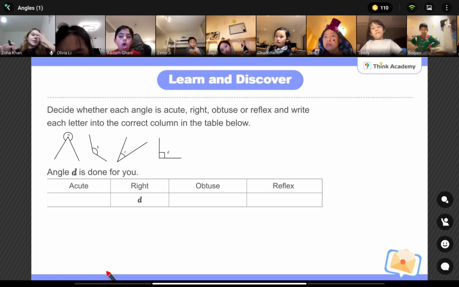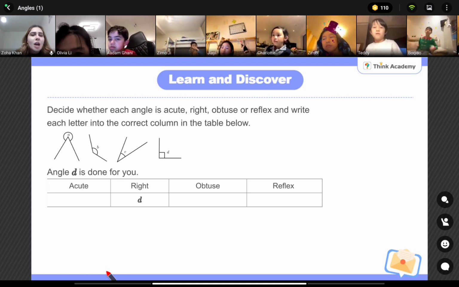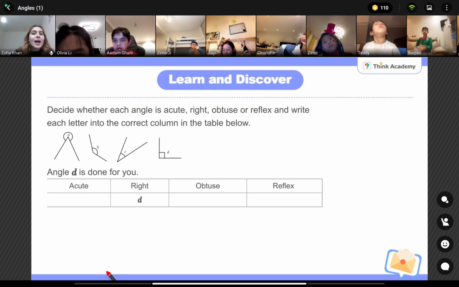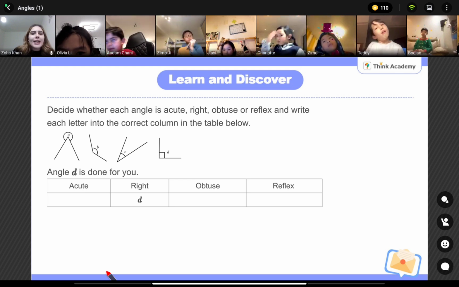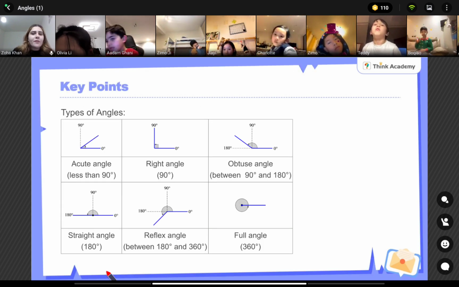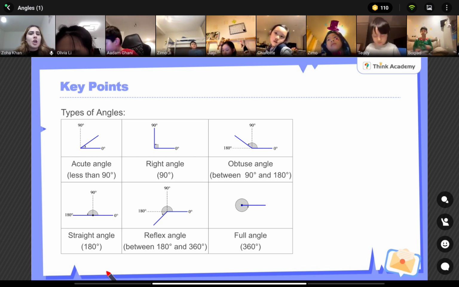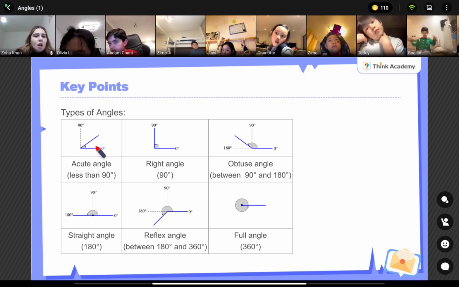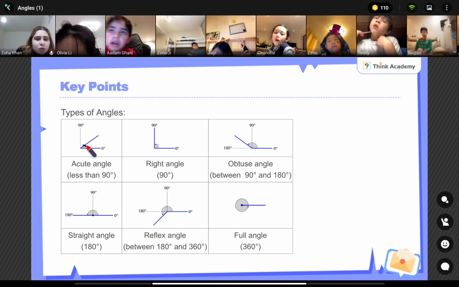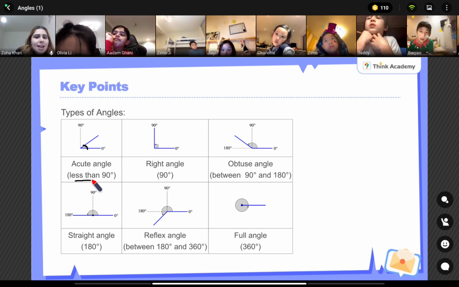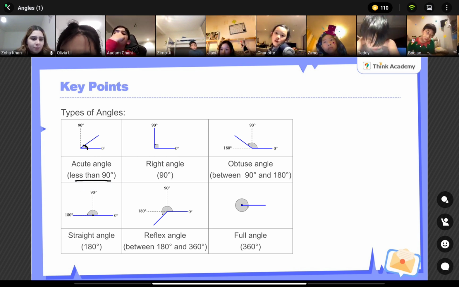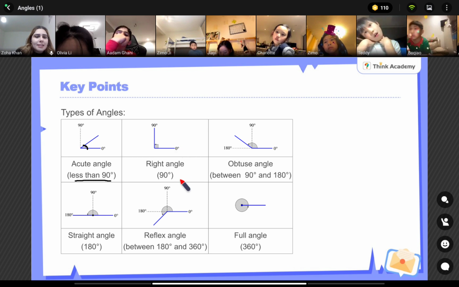Very, very well done. So now we're going to have a look at, what is each angle? Acute, right angle, obtuse, or reflex? But before we do that, let's have a look at what acute angle actually is. Acute angle is a very small angle like this. It's less than 90 degrees. A right angle is 90 degrees.